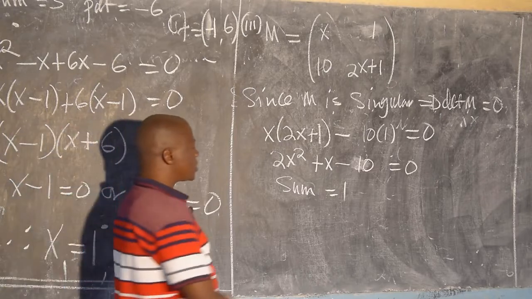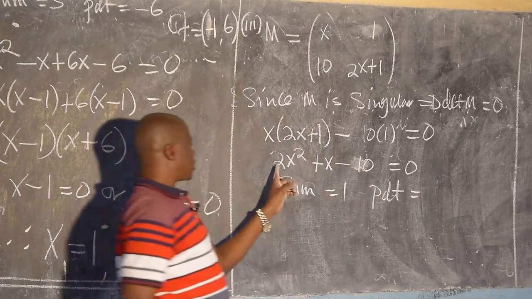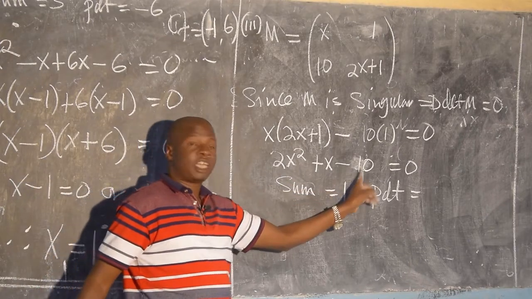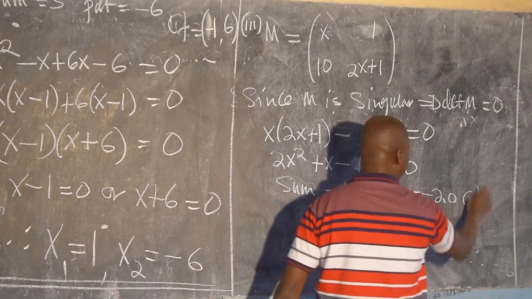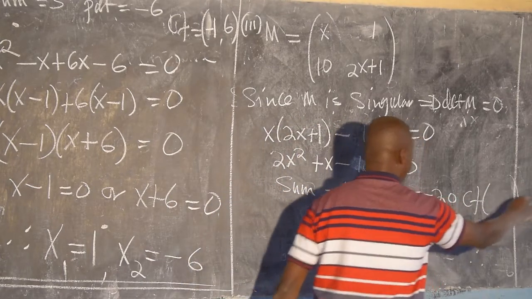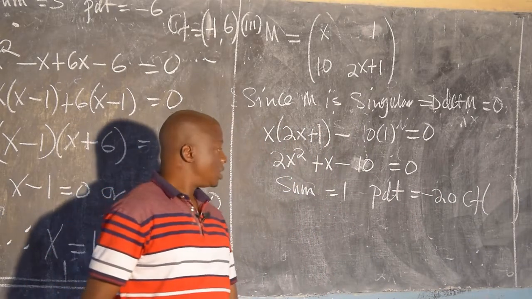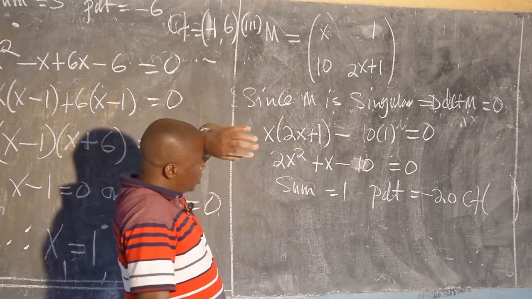Plus the product. We shall multiply this 2 by negative 10. That one gives the negative 20. We shall check within the factors of 20. We see that there is 10 and 2. 10 and 2 cannot help.